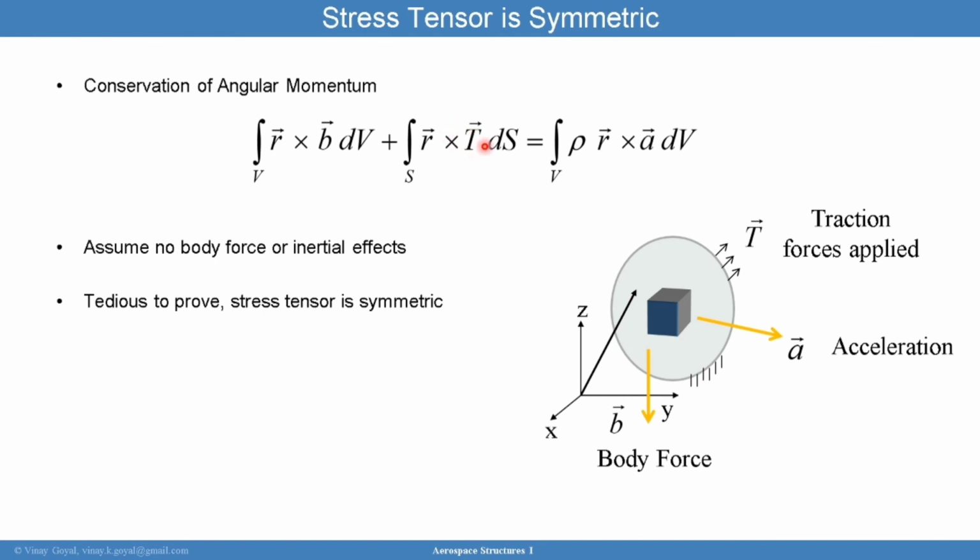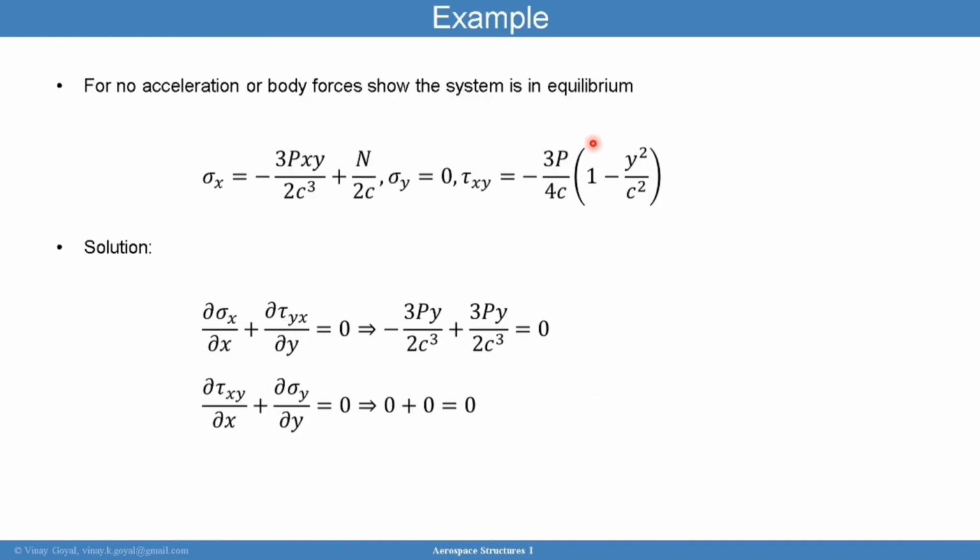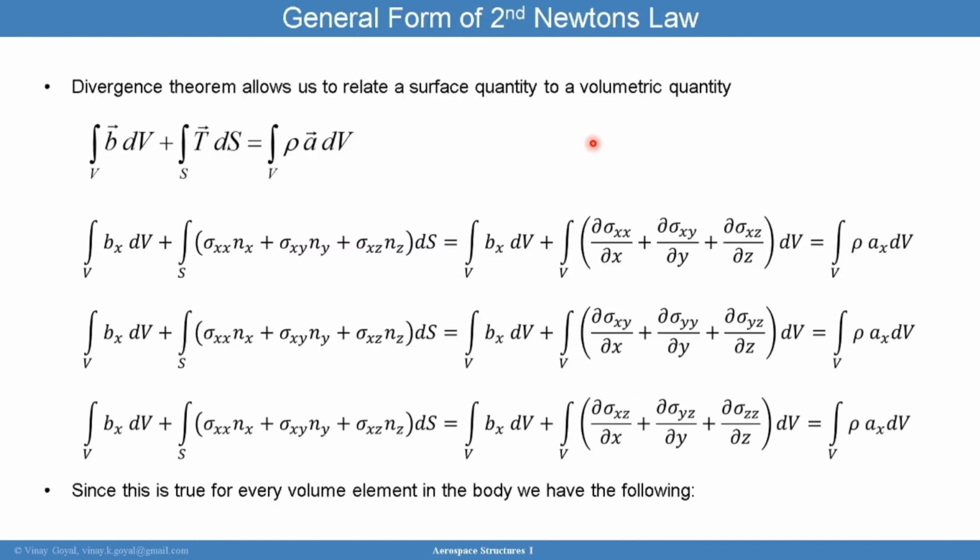And the same thing with the traction forces. I have traction forces here, and r cross a small portion of those traction forces, just adding them all up, will then be equal to this quantity here. And so all I've done is taken this relationship here and done r cross to the top row.